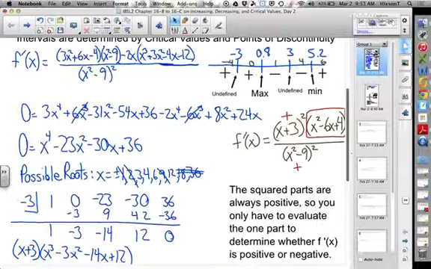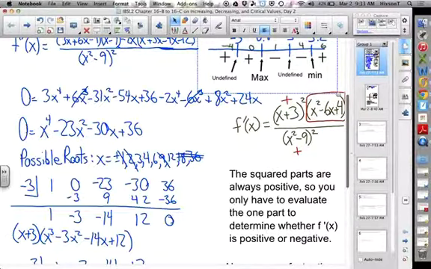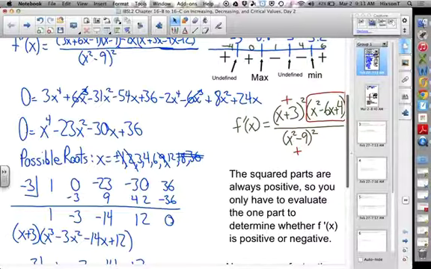The nice thing we said was, if you look at your derivative factored out, okay, this is x plus 3 squared, so no matter what we get, it's going to be positive. This is x squared minus 9 squared, so no matter what we plug in there, it's going to be positive. So really, the determining thing that will tell us whether our derivative is positive or negative is this part right here, the x squared minus 6x plus 4.